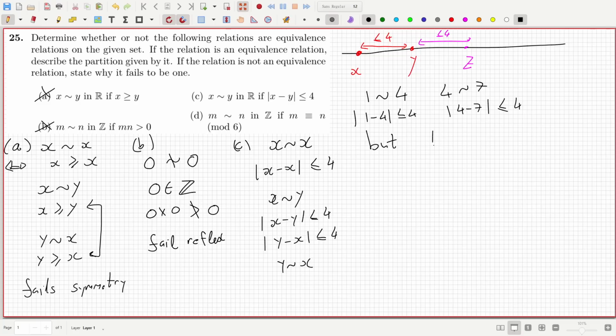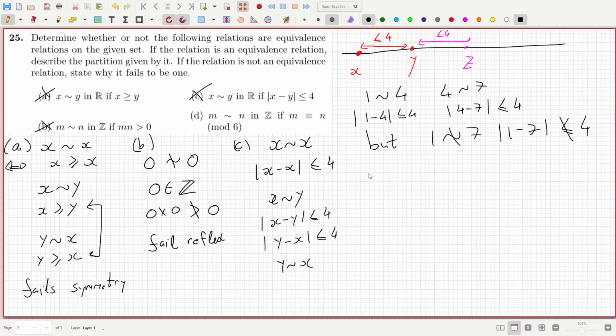But 1 is not equivalent to 7 because the difference of 6 is not less than or equal to 4. So yeah, that's another one that fails.